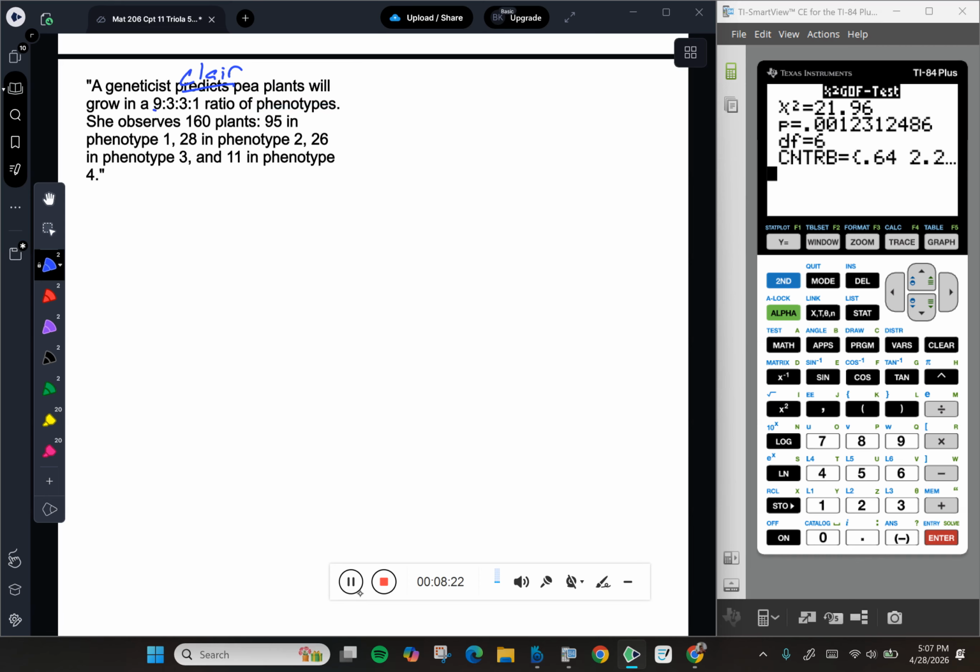And this right here, this 9:3:1 ratio, that tells me that there are 4 phenotypes, 4 different types of plants.